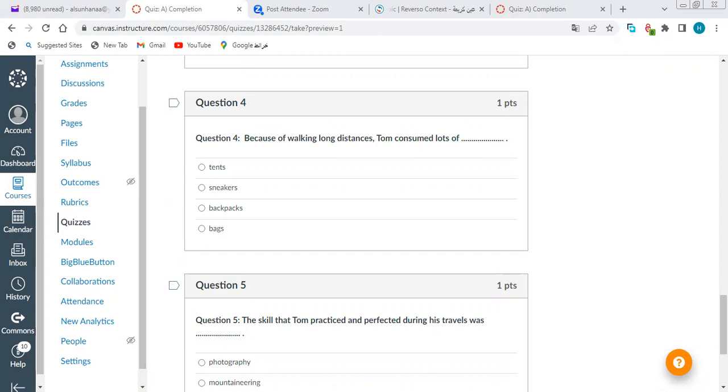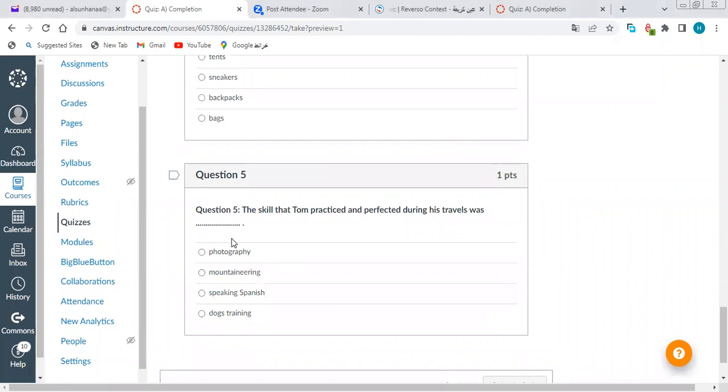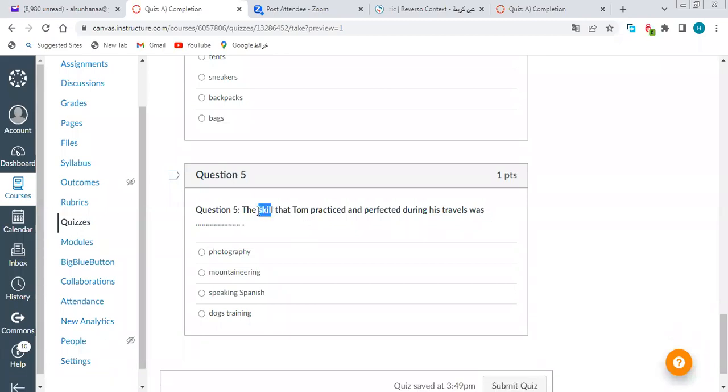Okay, another question, the last one in the complete type. The skill that Tom practiced and perfected during his travel was, as you see here, I'm talking about what?